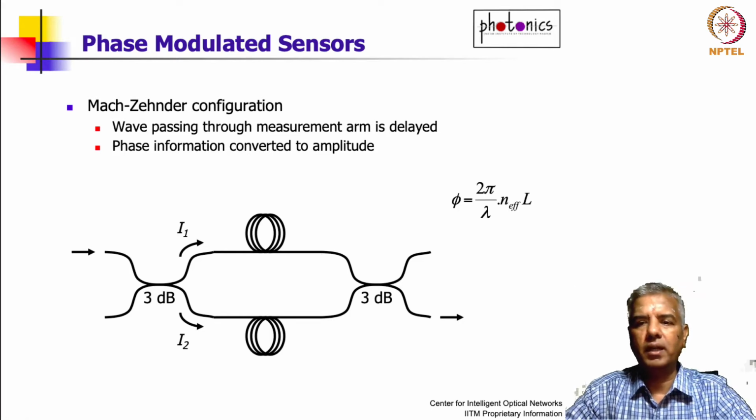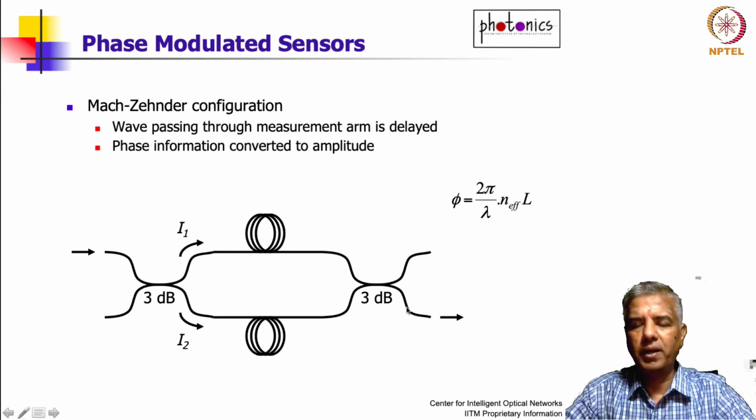So we know that the phase corresponds to 2 pi over lambda multiplied by N effective multiplied by L, where lambda is the wavelength of your incoming light source, N effective is the effective refractive index of this waveguide, and L is the total length that it's traversing. If you look at the combined product, the fields from both these arms are going to beat with each other.